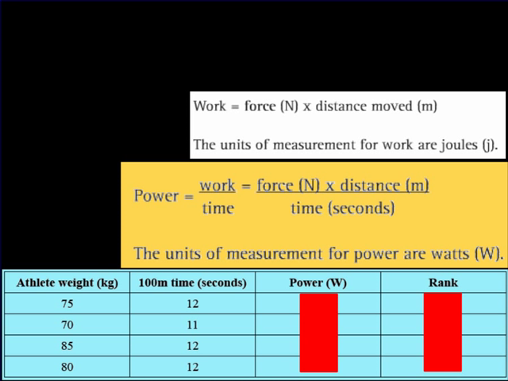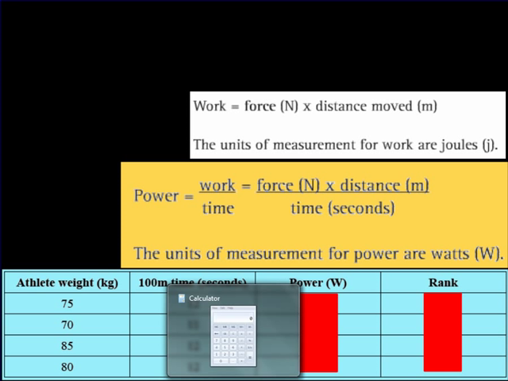Now if we can look at the following table at the bottom, we've got athletes of varying weights from 70, 75, 80 and 85, and we've got the time that they did the 100 metres sprinting, and the time is measured in seconds. What we want to look to do is rank these 100 metre sprinters listed in the table from the most powerful to the least powerful.